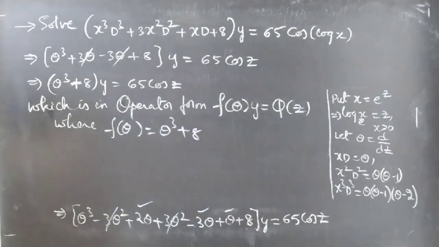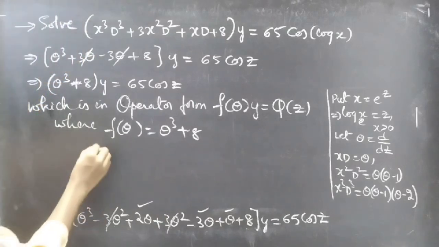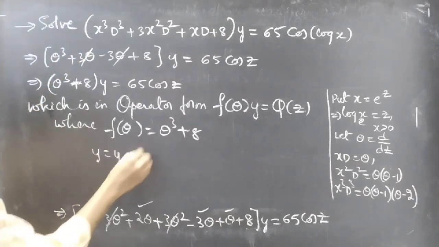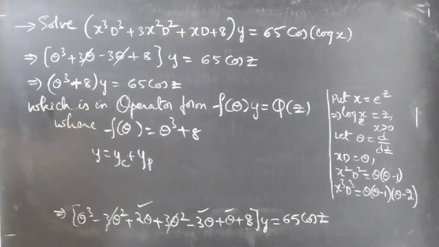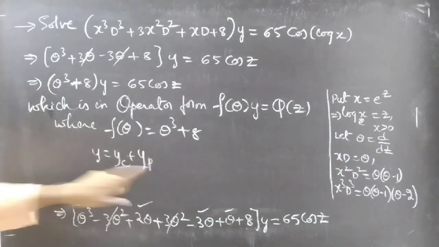Now we need to find the general solution to the given equation, which is given by y = yc + yp.